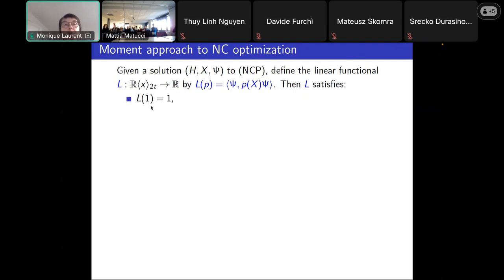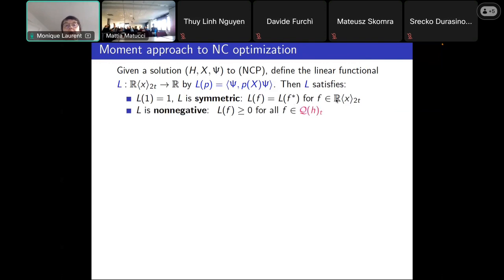First property is that L of 1 is 1, because if P is 1, then P of X is the identity, and then you get the norm of psi, and psi has norm 1, so you get 1. L is symmetric: if you plug in a symmetric polynomial, L of F is equal to L of F star. L is non-negative: if you pick a polynomial in the quadratic module, then you get a non-negative number.